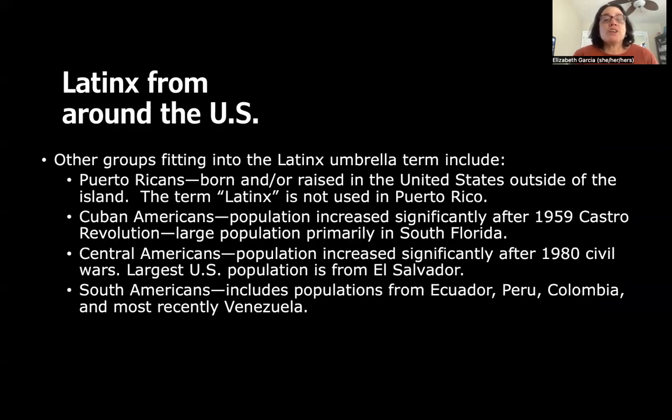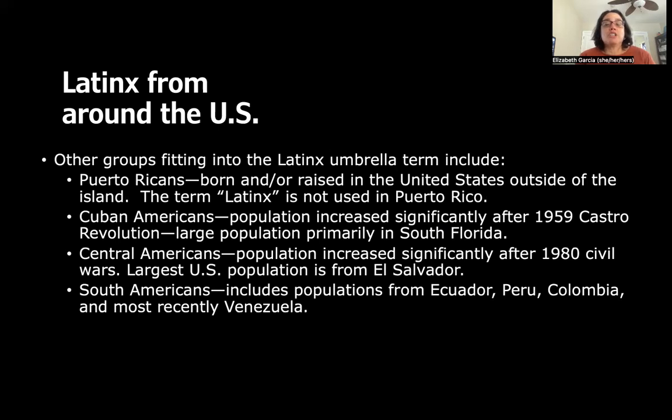And then, of course, there are Latinxes from around the United States that includes other groups from Latin America that are incorporated into this Latinx umbrella term. For instance, there are Puerto Ricans who are born and raised in the United States outside of the island. The term Latinx is not used in Puerto Rico. There are also Cuban Americans, a population that increased significantly after 1959's Castro Revolution.